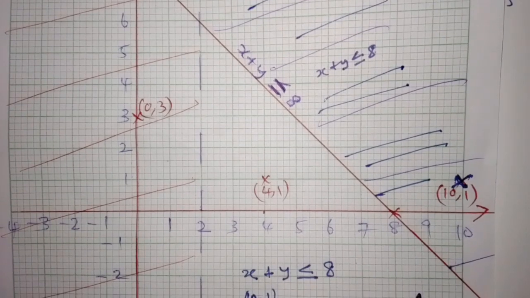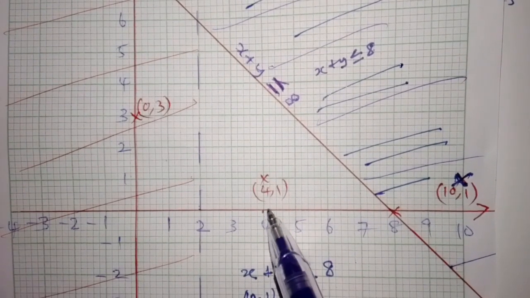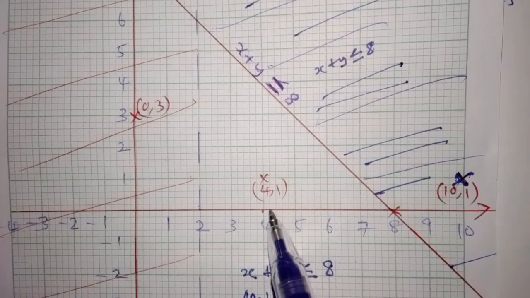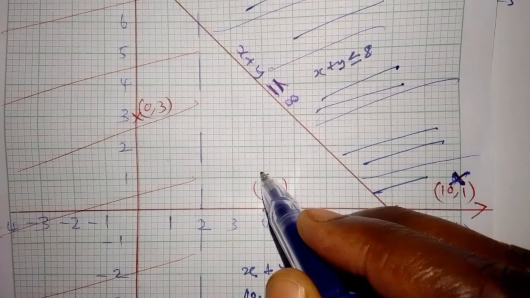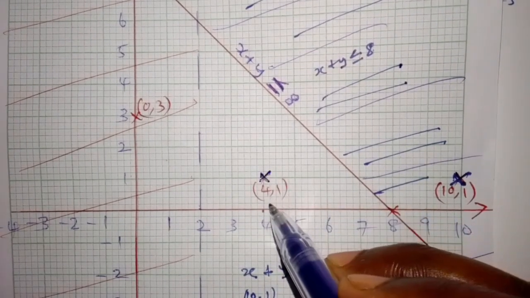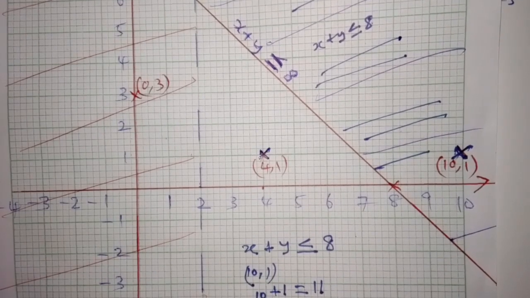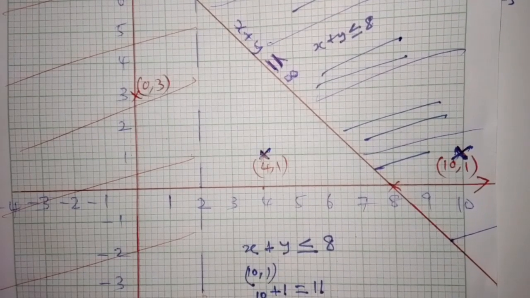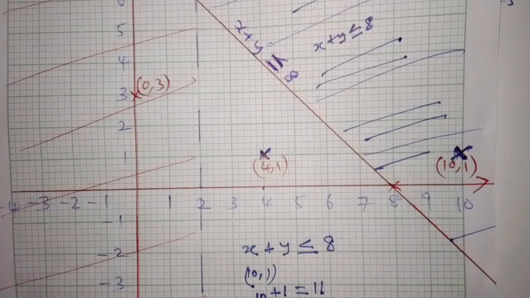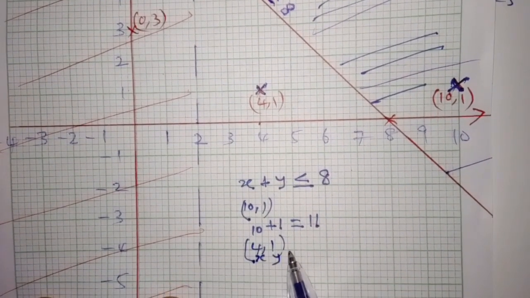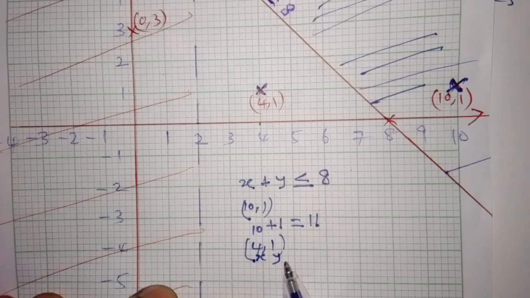Then we come to the other points lying on this other side. We can test point (4, 1). This is x, this is y.